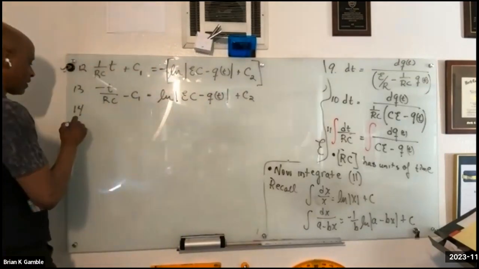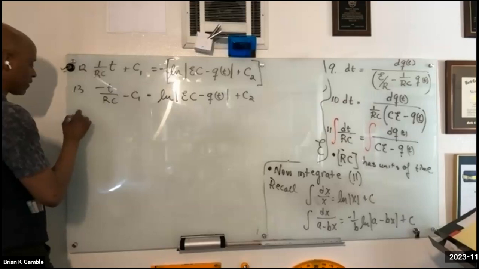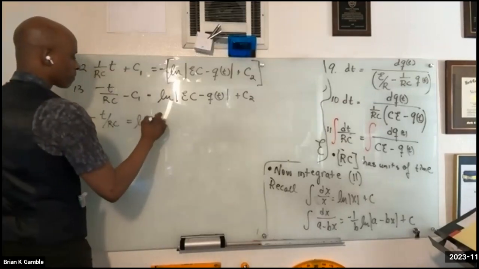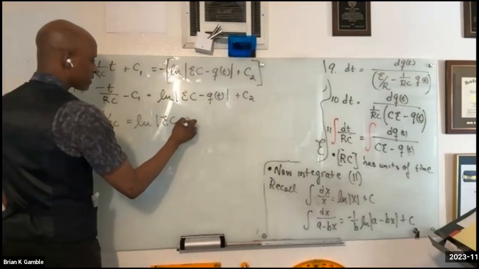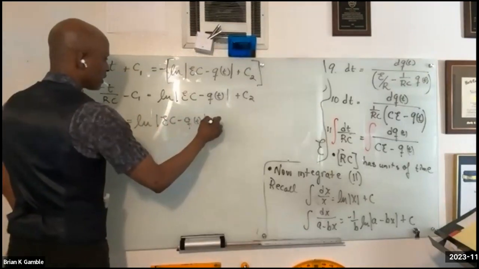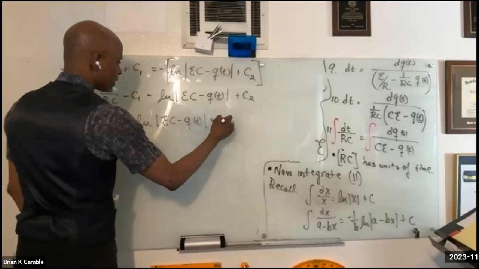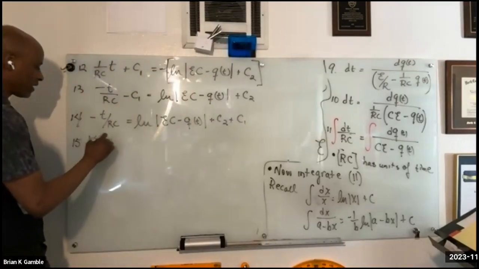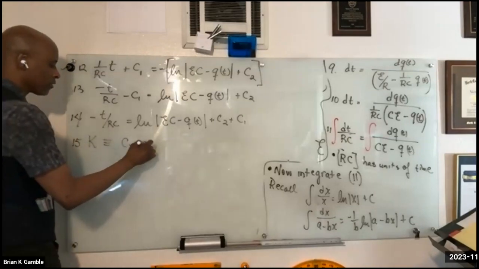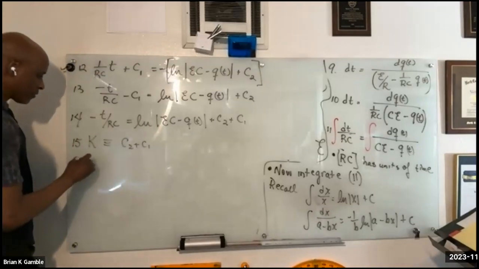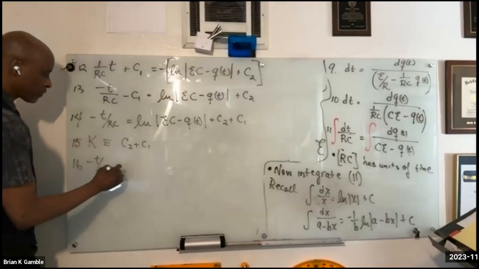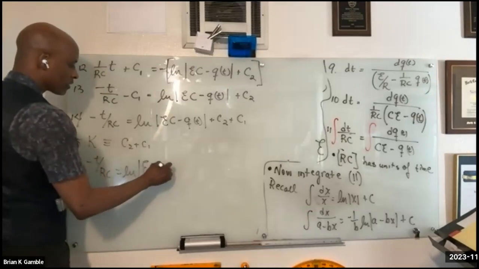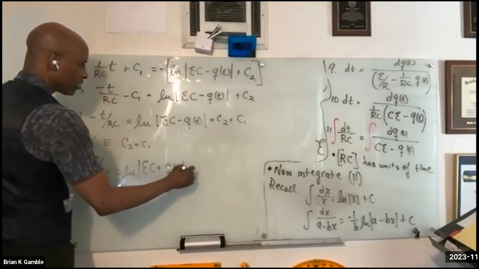So now I'm going to have minus T over RC equals log of EC minus QT plus CT plus C1. And now I'm going to define chi as CT plus C1 and then substitute that in. So minus T over RC equals log of EC plus Q of T plus chi.